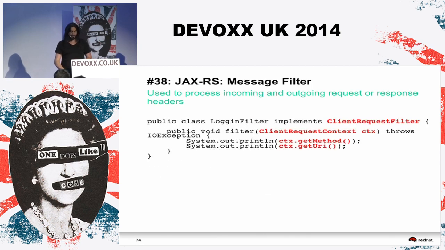And the way we use it is you just implement it. So here I implement the client request filter. I am on the client side, and I want to filter the request coming. And I implement the filter method. As you can see, I have the client request context, a bit like interceptors that have invocation context, so the same idea.